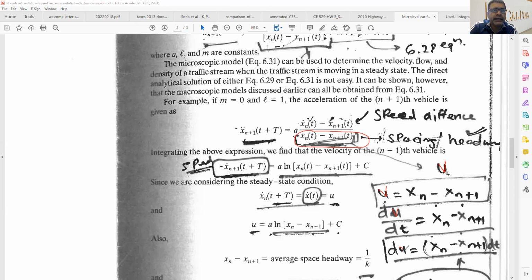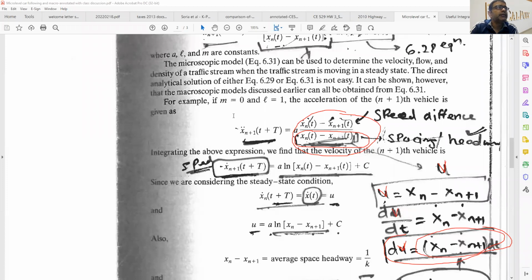So anytime I want to substitute x_n dot minus x_{n+1} dot dt, that is the numerator of my integration on the right-hand side. When I'm trying to integrate this expression with respect to time, this is what's going to be my numerator. So I can substitute that with dv.